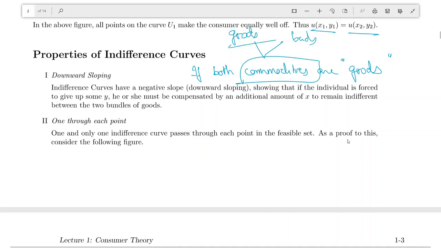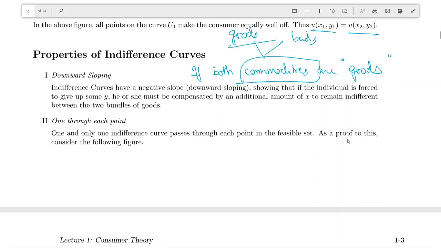Goods could be things like food, entertainment, sofa sets, cars, or alcohol. Bads could be pollution, working, studying, or alcohol. It really depends on who you are.